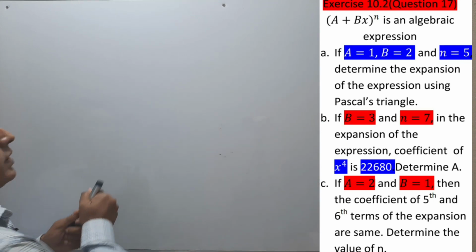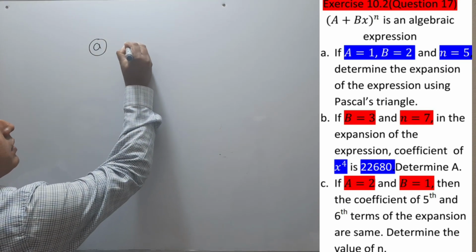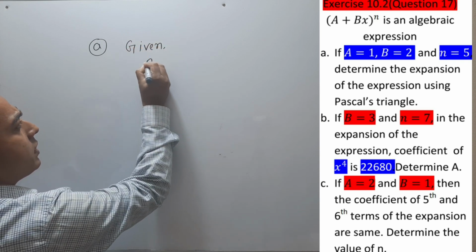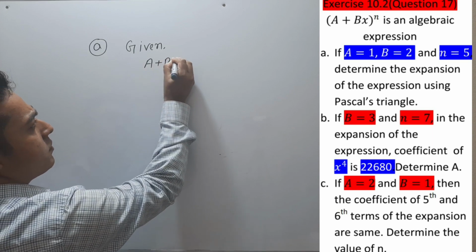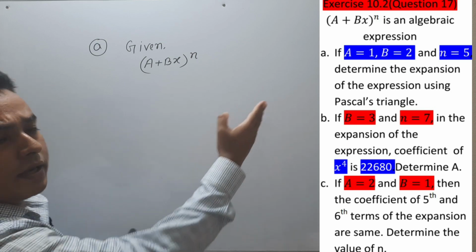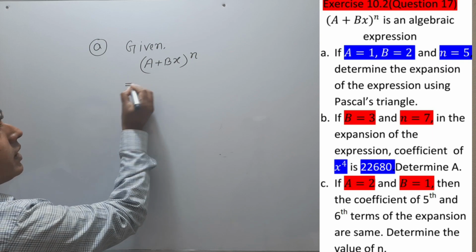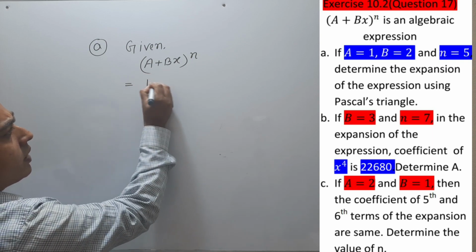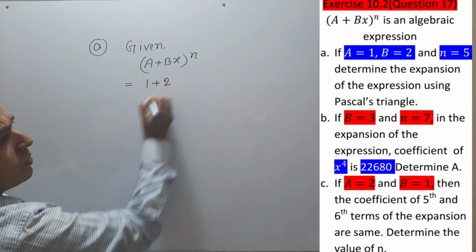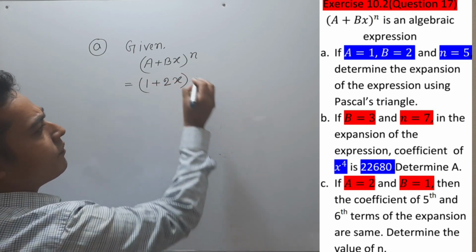Okay, at first, given (a + bx)^n. For question A, here a is equal to 1 and b is equal to 2x and n is equal to 5.